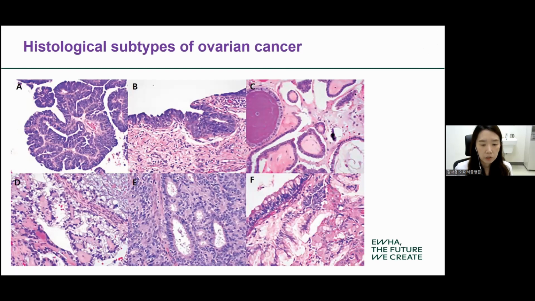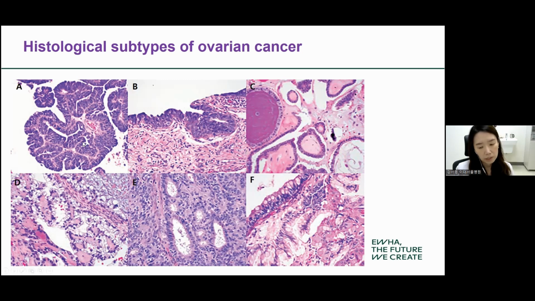Here are the major subtypes of ovarian cancers. Figure A shows high-grade serous carcinoma, the major ovarian cancer, which has a poor prognosis.